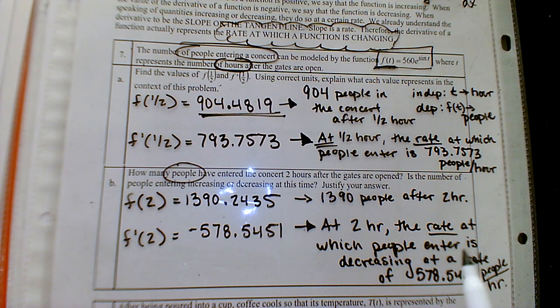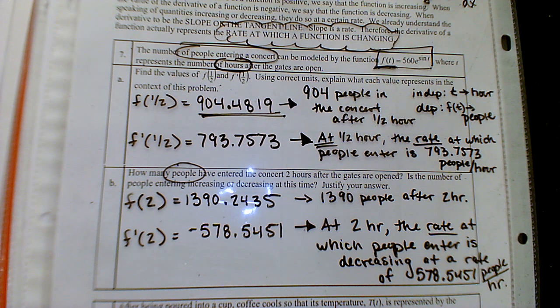Because this function models people entering, people aren't leaving. That's just the number of people coming in. So the rate at which people enter is decreasing at that rate. They're just coming in less quickly than they were a moment prior. They're still entering the concert, they're just entering slowly. All right, are we doing okay so far? It can get tricky with the interpretation.